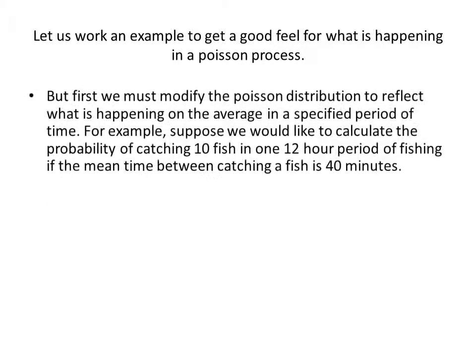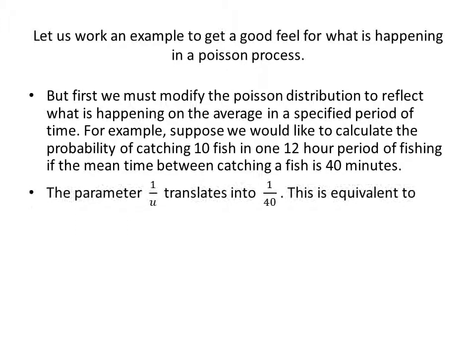Okay, let's work an example to get a good feel for what's happening and how to use these formulas in a Poisson process. We need to know how to modify these functions in order to accommodate the actual event. For example, suppose we would like to calculate the probability of catching 10 fish exactly in a 12-hour period of fishing if the mean time between catching a fish is 40 minutes.